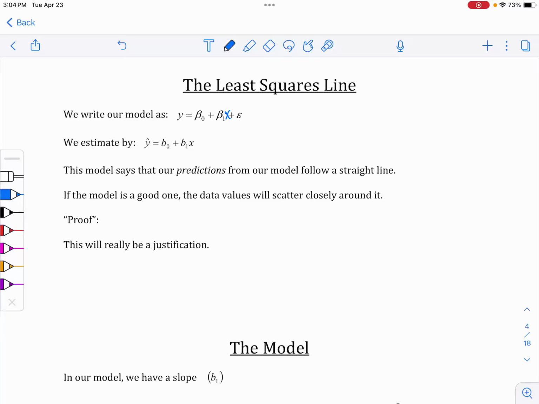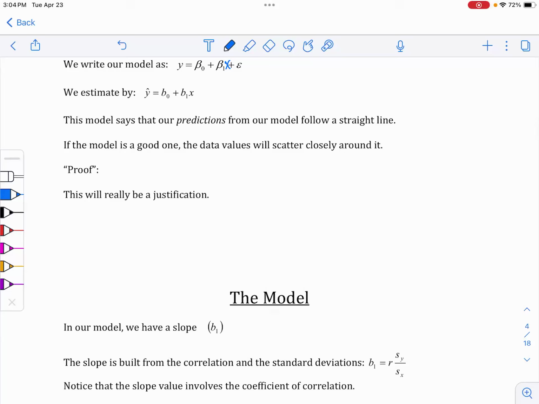Now, I'm going to do a proof. And when I say proof, it's really just a justification, because the interpretation is what's actually going to matter here. So feel free to pay attention or ignore me until the very end. But if I take my initial line, and I'm going to take an expected value of this line. An expected value is just a fancy way of saying an average.